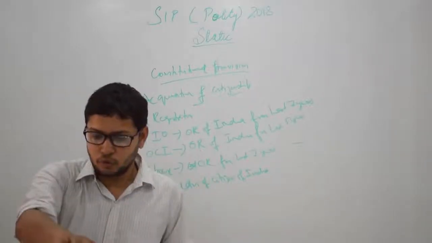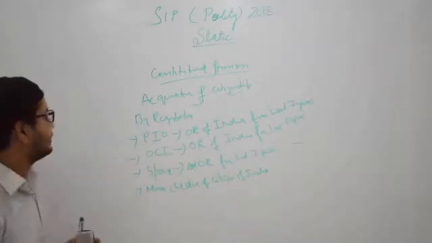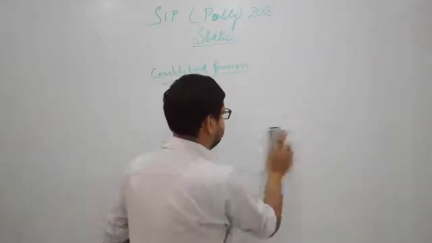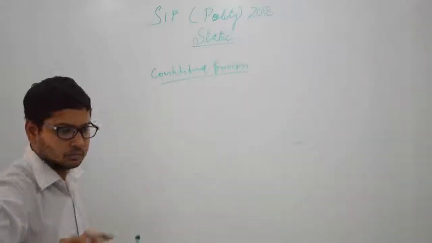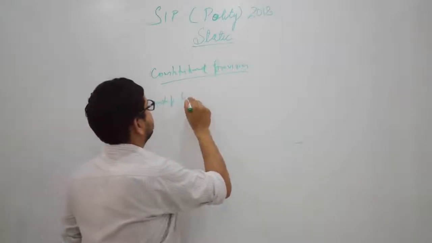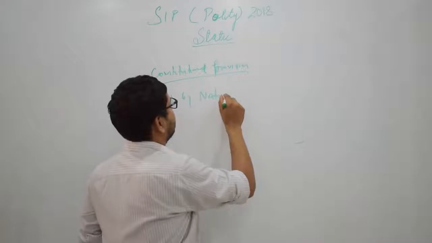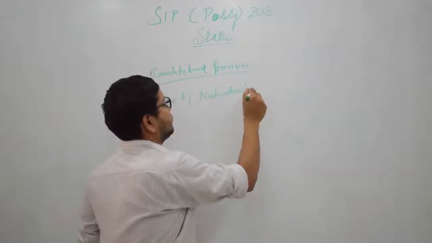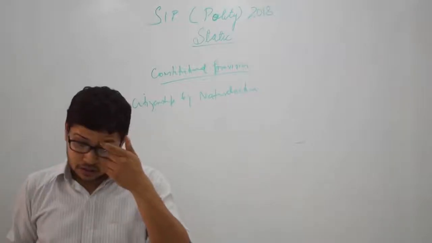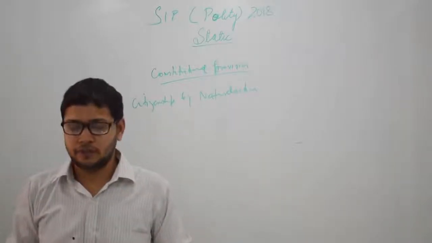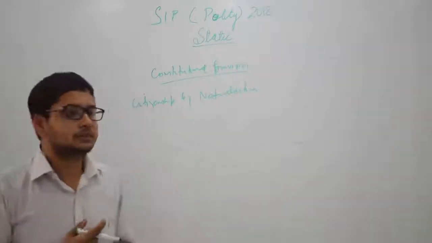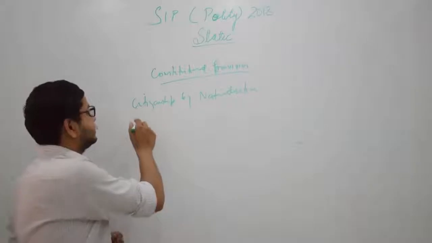Now we come to the fourth part, which is citizenship by naturalization. There are some criteria in the 1955 Act which say that only the following people can get India's citizenship by this method.